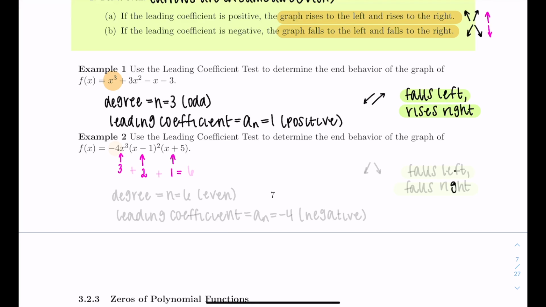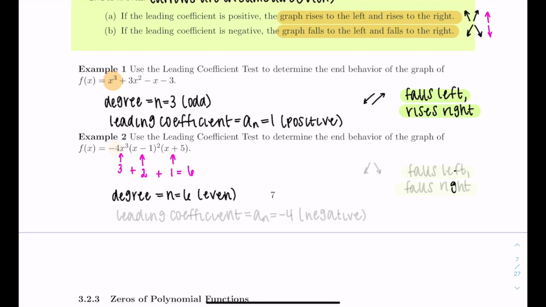And so I can find the degree of the entire thing by adding these together. 3 plus 2 plus 1 gives me a degree of 6, which is even. And that tells me that my arrows are going to go in the same direction.